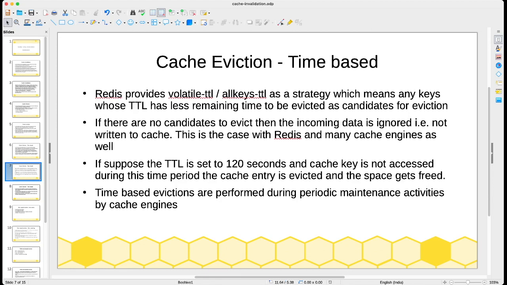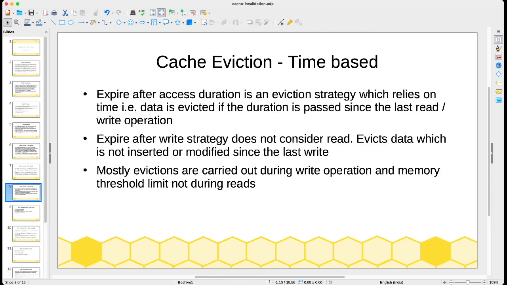As we mentioned, TTL based doesn't work only with time. We can also combine TTL plus access based together in time based cache eviction strategies. So what do we mean by this?